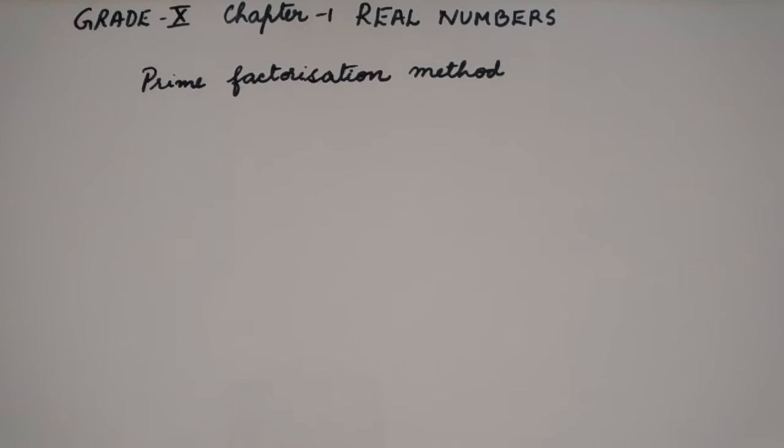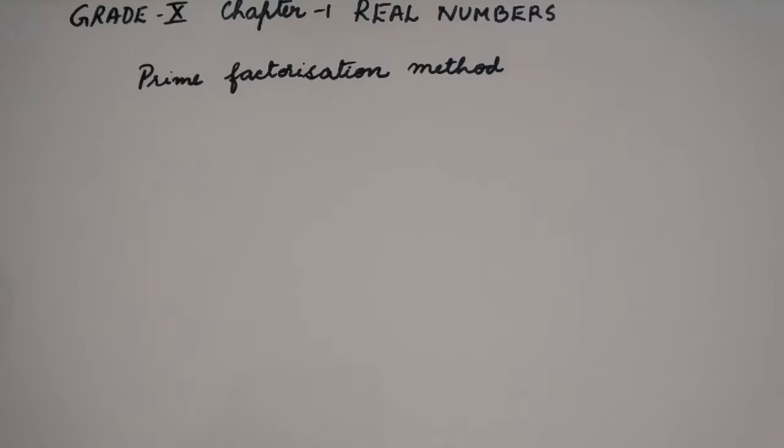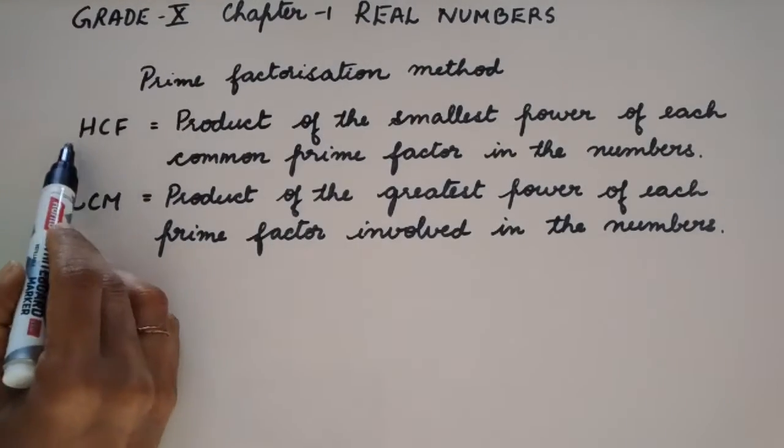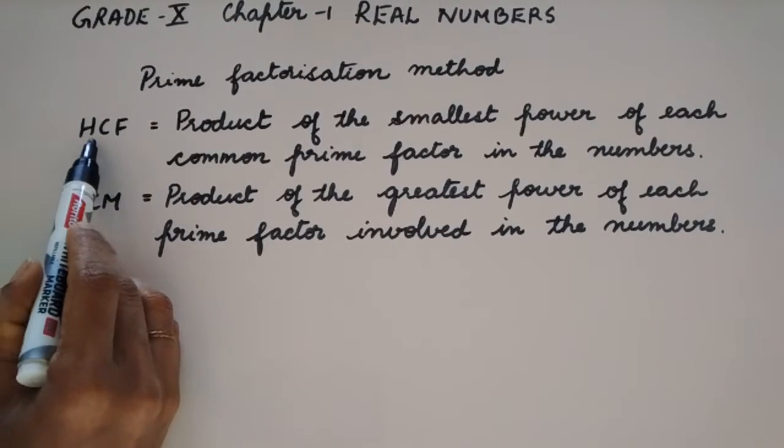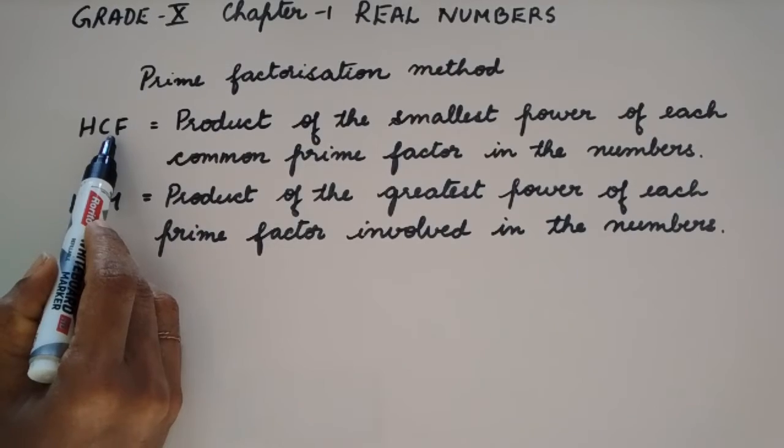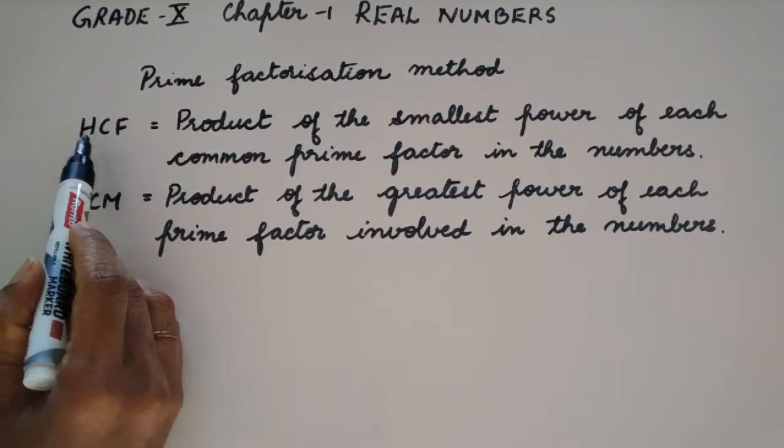Before understanding how to find HCF and LCM of two positive integers, let us understand what is HCF and what is LCM. HCF, that is the highest common factor. What is it?